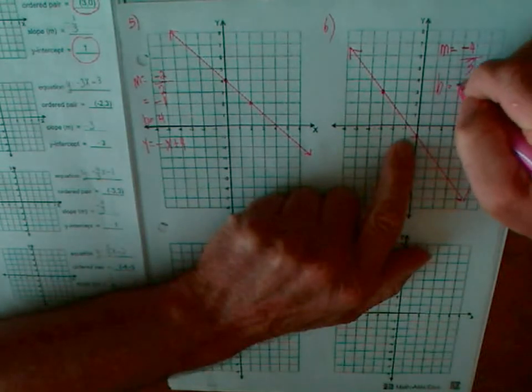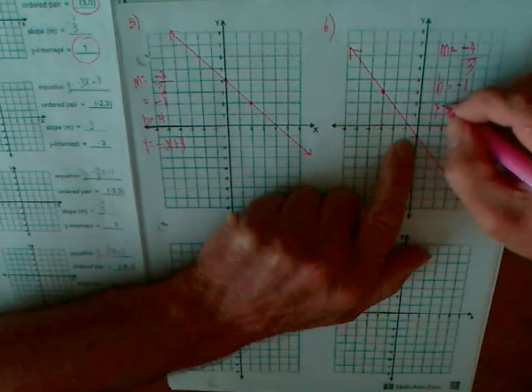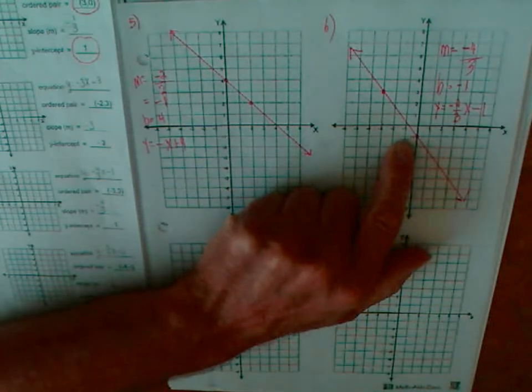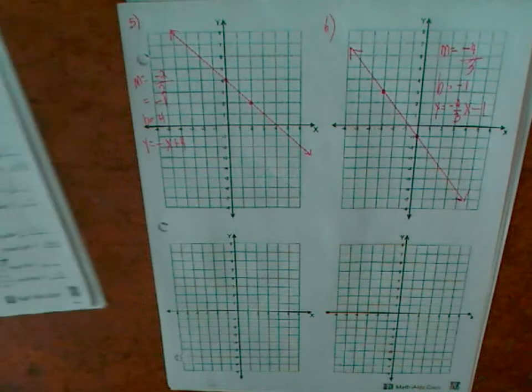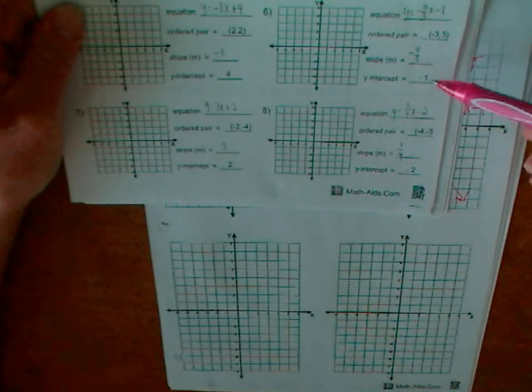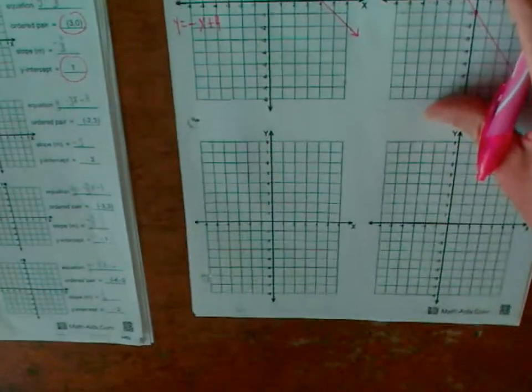We don't need our question anymore. Okay, so let's put it in this form. Y equals negative 4/3 x minus 1, and our slope, or m value, is negative 4/3.